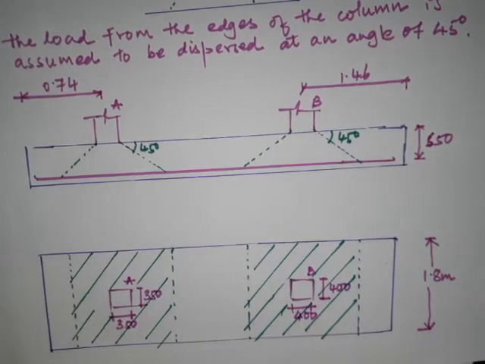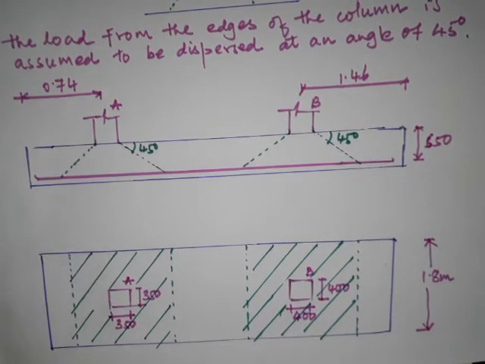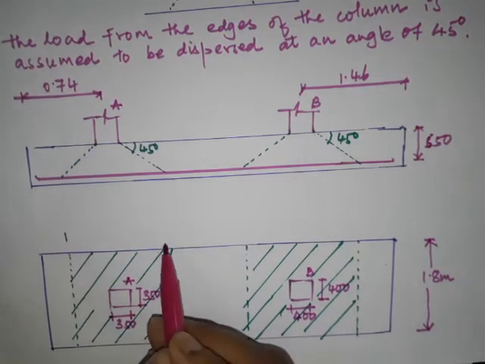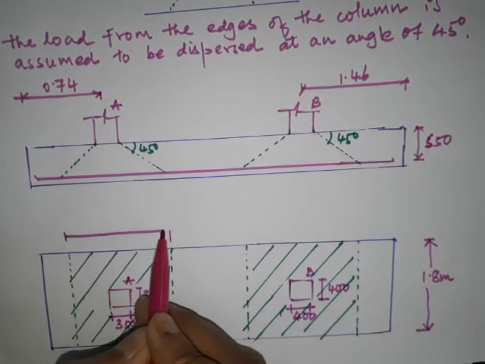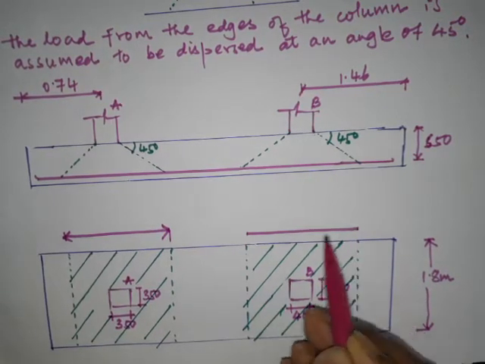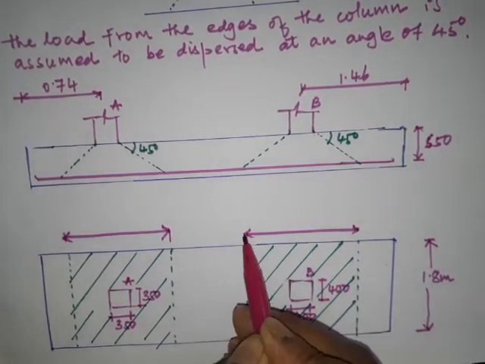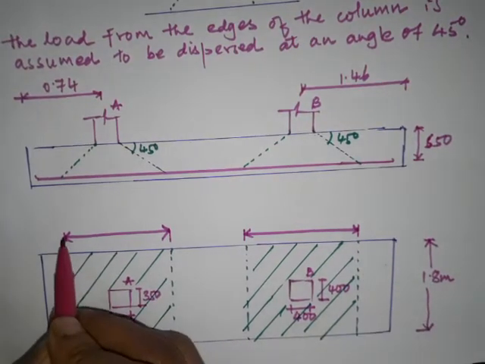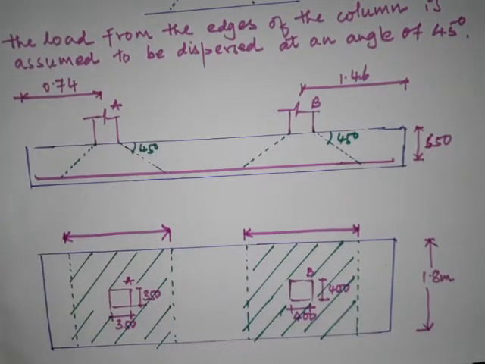Then you have to find out the width of transverse bending under column A, this you have to find out, and under column B, these two you have to find out, under column A and even under column B.